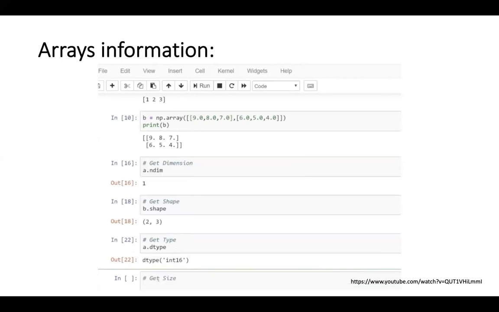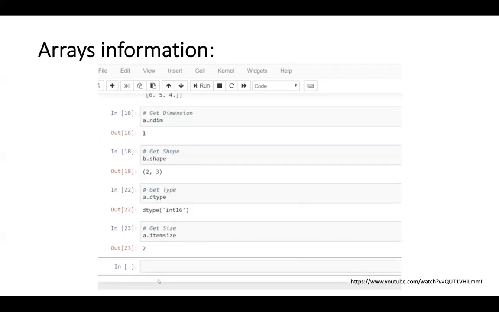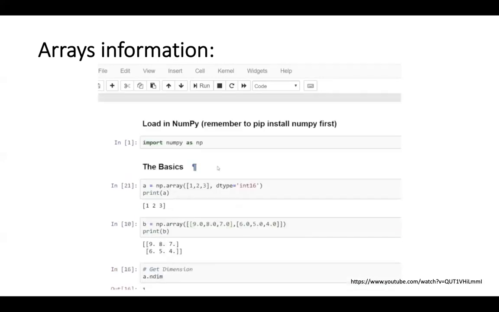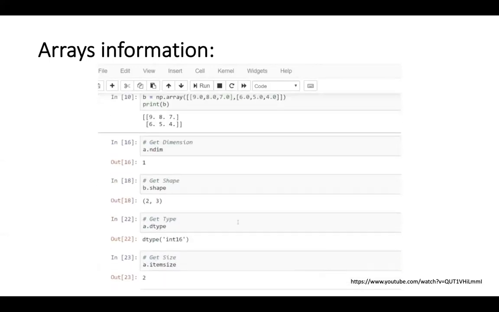So right now it's int16, and if I want to see the size, there are a couple of different important functions with this. We can do a.itemsize. So this should tell me 2 bytes, as it does. If we left this as an int32, it will tell me 4 bytes down here, as it does.